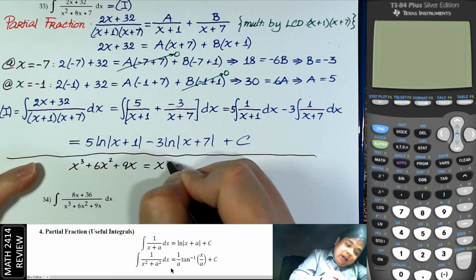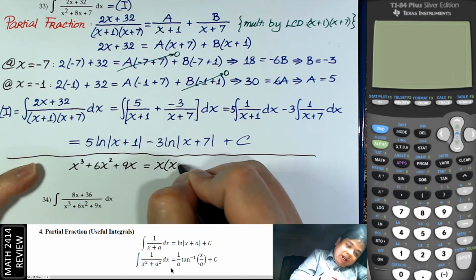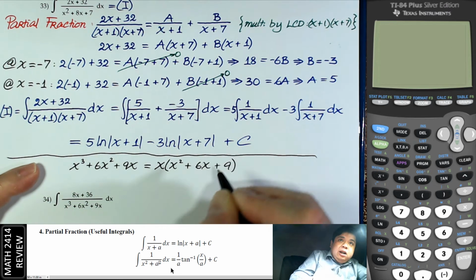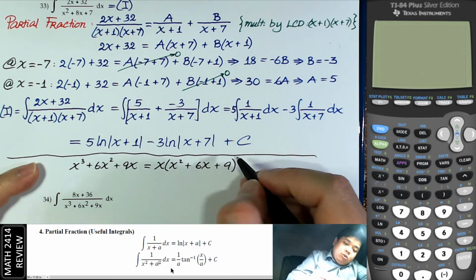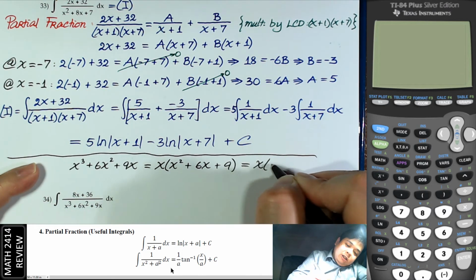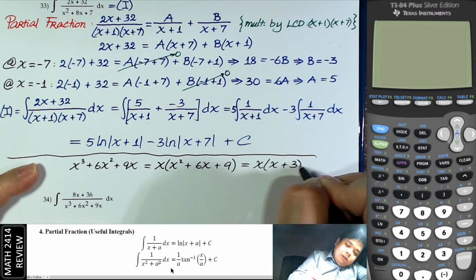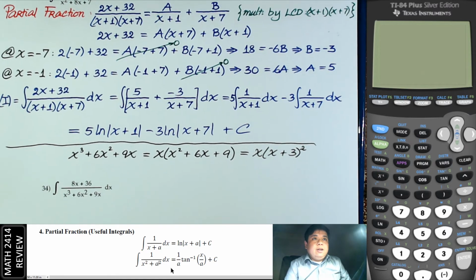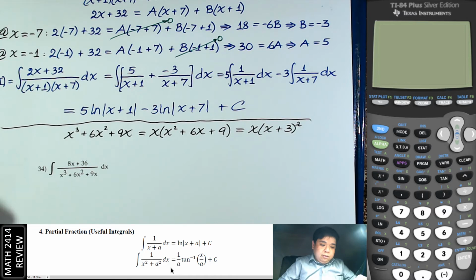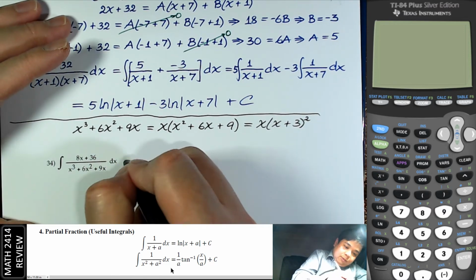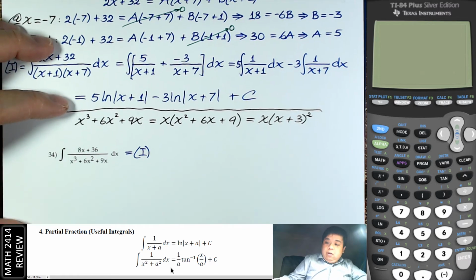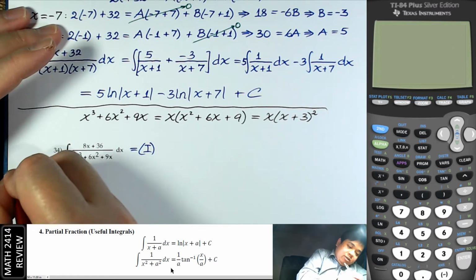Again, factor out an x, and then we have x squared plus 6x plus 9. Now this is x plus 3 times x plus 3. Right, so let's do the partial fraction.